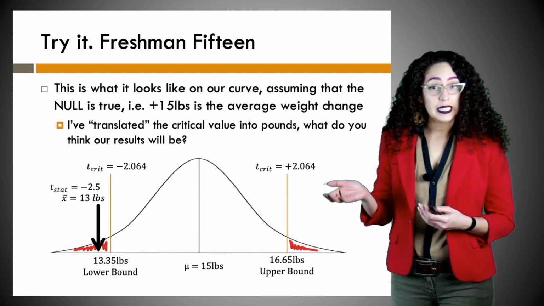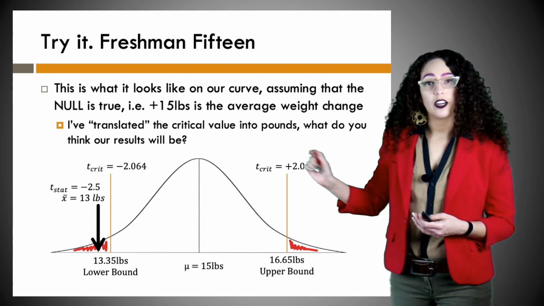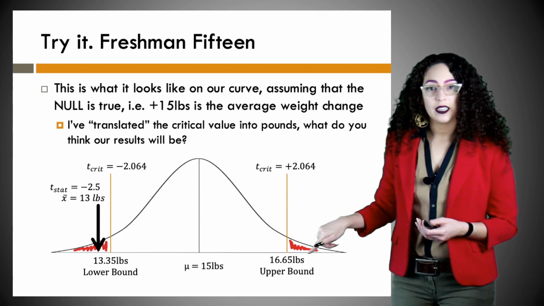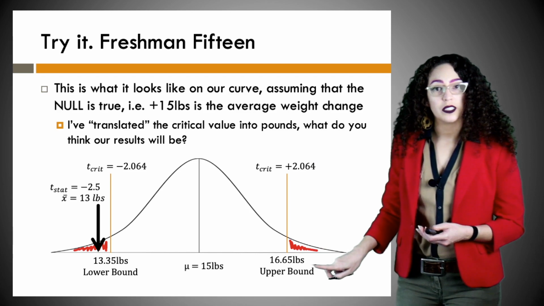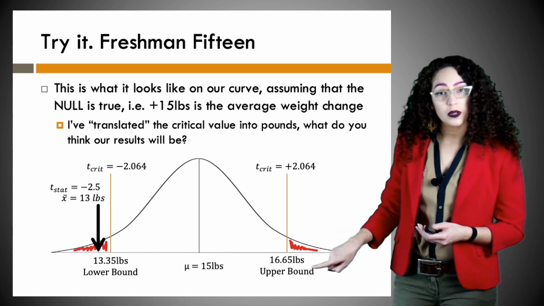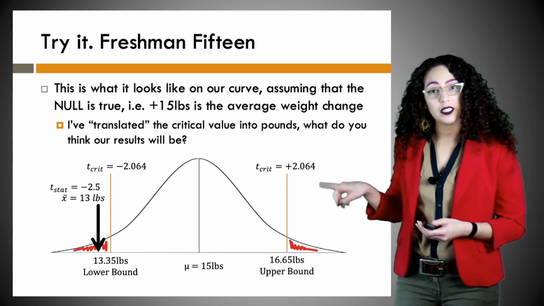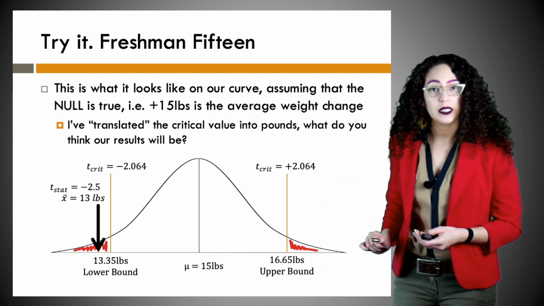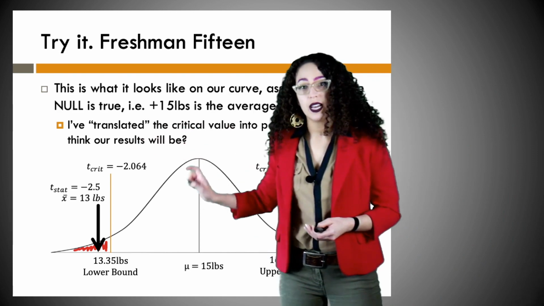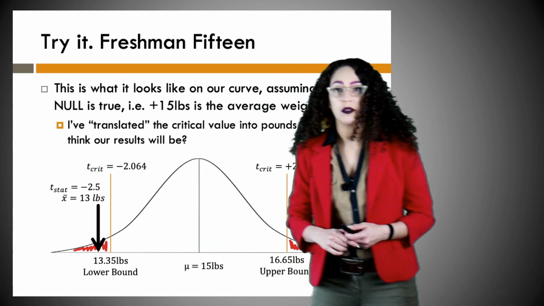And this is what our t-statistic and our t-criticals look like on our curve. Also notice that here I have translated these critical t-values into their corresponding raw scores. So the raw value that corresponds to a critical value of 2.064 in our example is 16.6 pounds, and on the negative side it's 13.35 pounds.